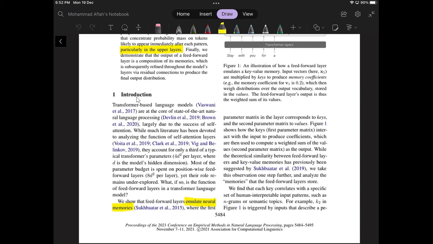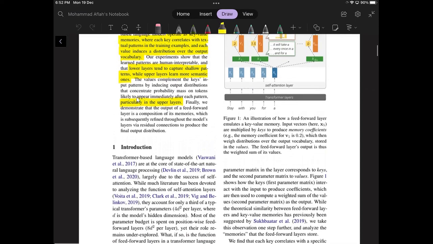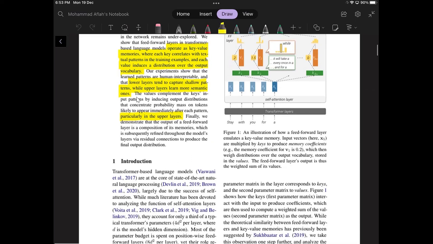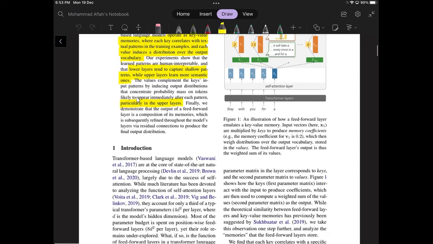Figure 1 shows how the keys, the first parameter matrix, act on the input to produce coefficients, which are then used to compute a weighted sum of the values as the output. While the theoretical similarity between feed-forward layers and key-value memories has previously been suggested by Sukhbaatar et al. 2019, we take this observation one step further and analyze the memories that the feed-forward layers store.